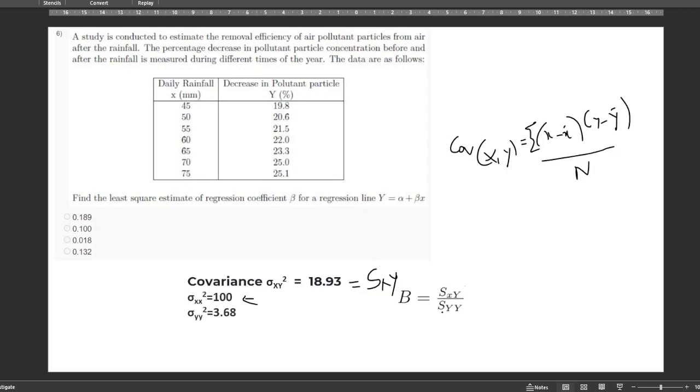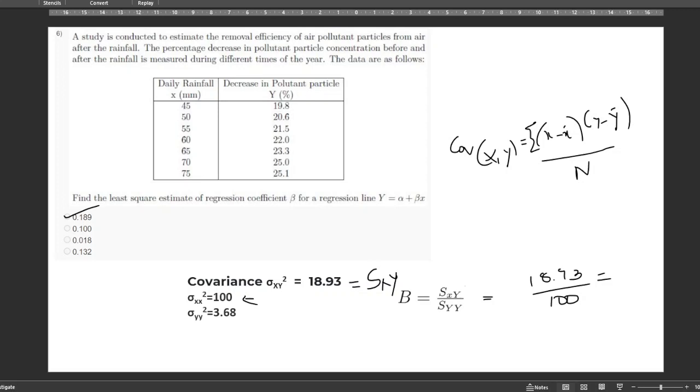Here the variance of the SYO is given by 100, and SXY is given by 18.93, so beta is equal to 0.189. That's given here.